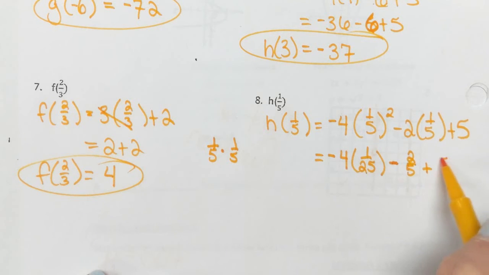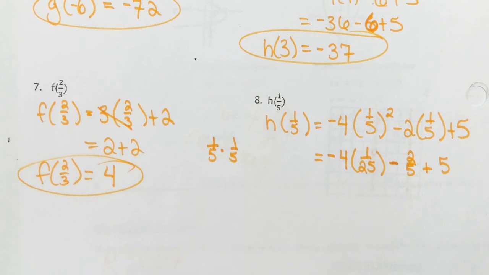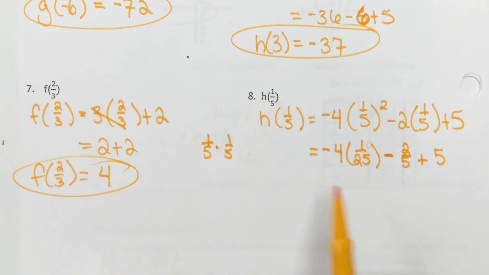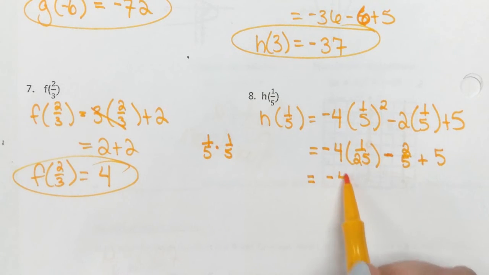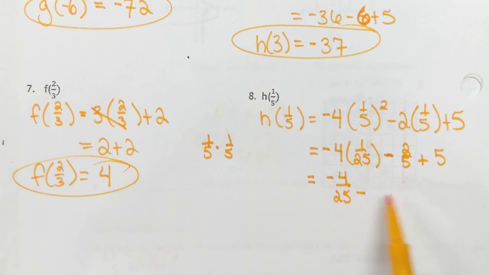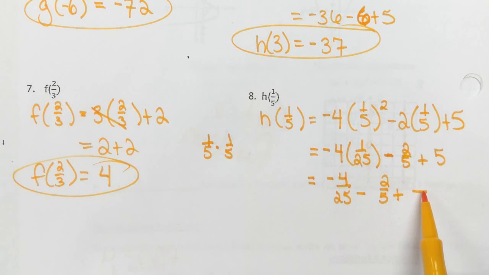Very good. Y'all okay so far? Alright, so this one would be negative 4 over 25 minus 2 over 5. And then how do you make 5 a fraction? 5 over 1, right? Okay, homework tonight is to finish that one up. Common denominators is how you do number 8.